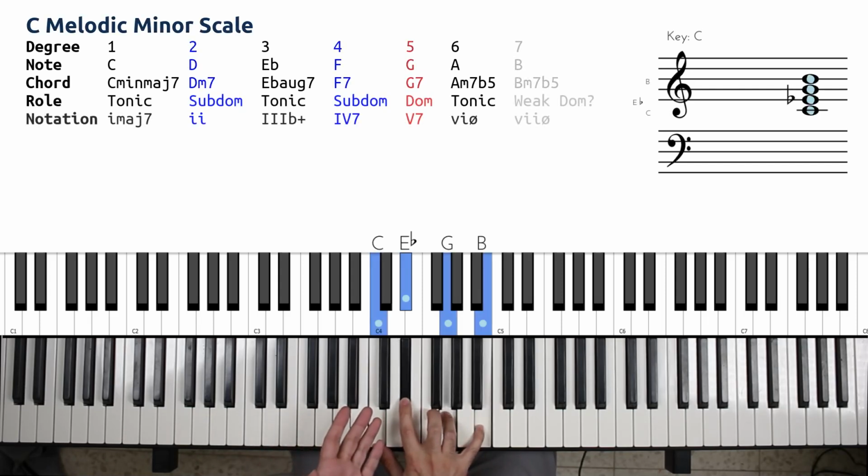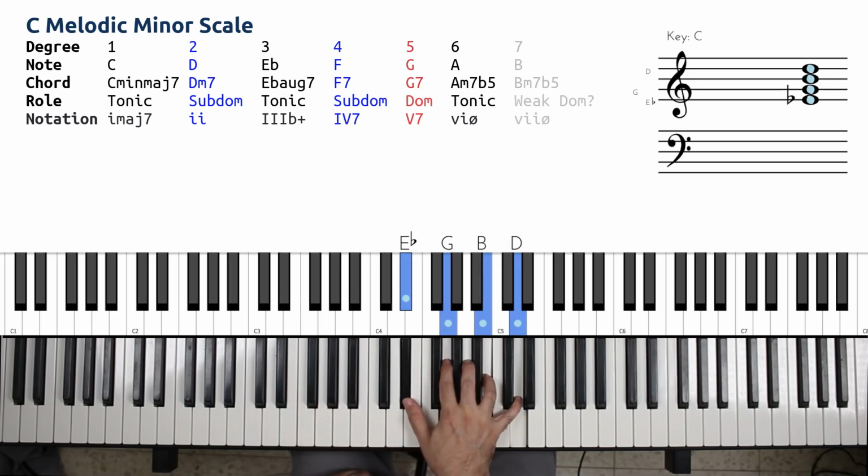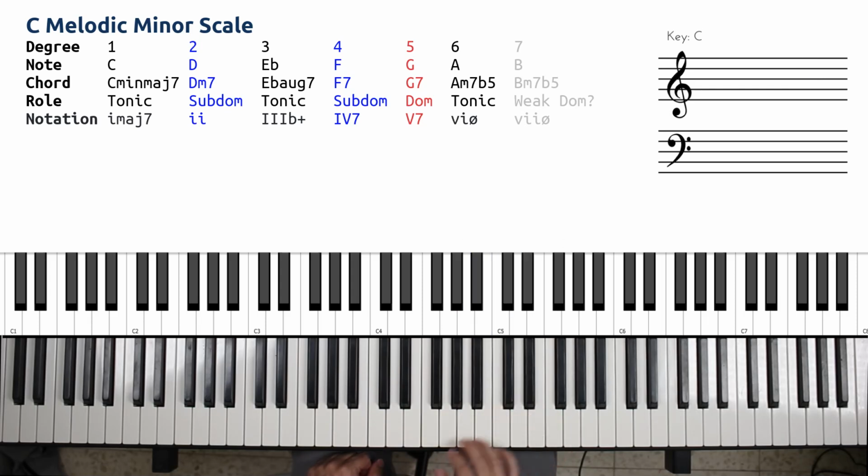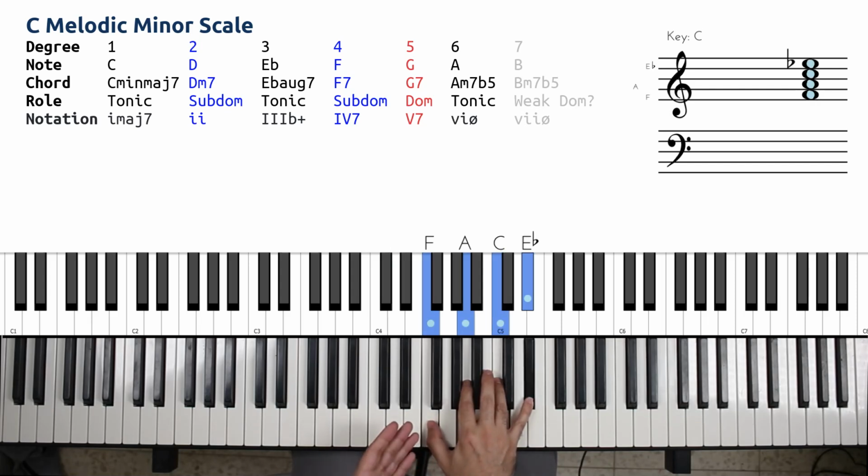The first degree is actually a tonic, as is the third and the sixth. So all of these play the role of a tonic. Similarly, both the second degree, which is a D minor 7, and the fourth degree, which is an F dominant 7, play the roles of subdominants.